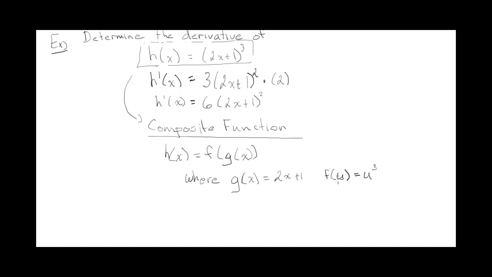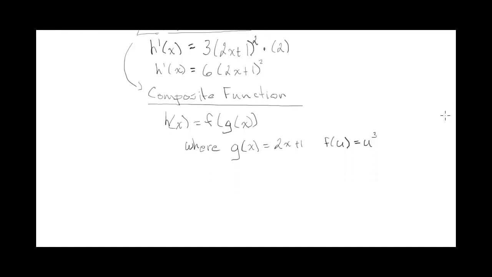You can use x, but when we explain this the first time, we often use a different variable just to make things clear. So let's say f of u is equal to y. So y is the variable which depends on u, and u is a variable which depends on x. So we've got these two functions, and then we put them together to get h of x.